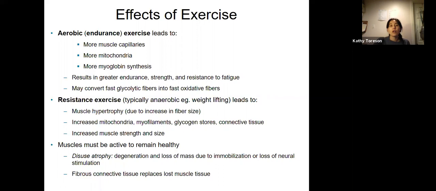So if you're exercising your muscles and you need more energy, then your muscle cells say, oh, all right, we better have more mitochondria so that we can have enough ATP available to complete the exercise. And then the last is that we see increased myoglobin as a result of exercise.